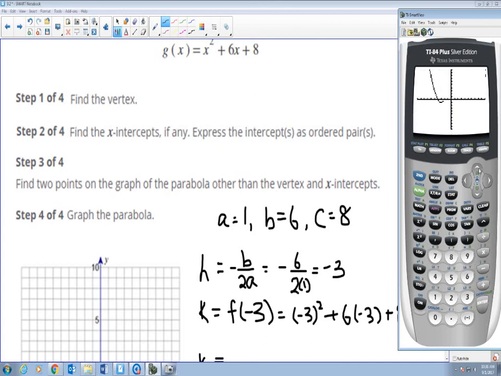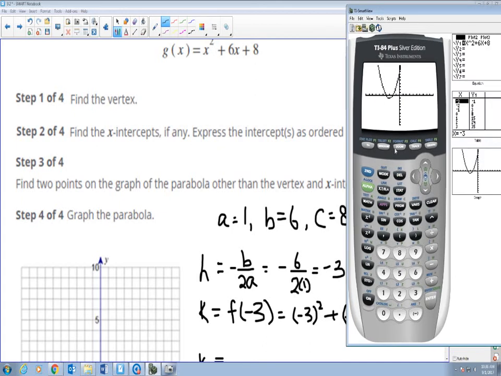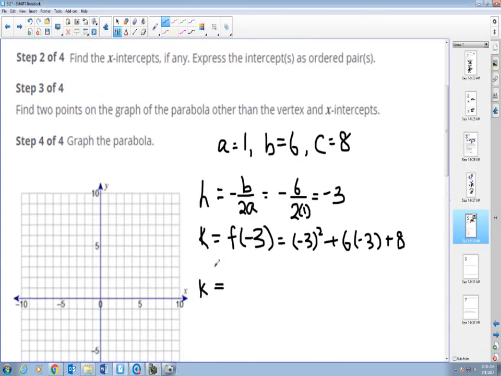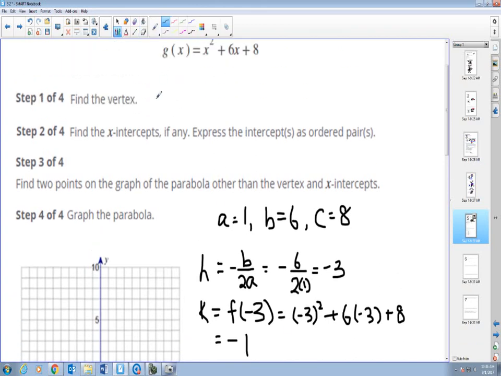All right, here's my parabola. Ooh, I do cross over the x-axis twice. So if I go to -3, my y value is -1. So I know k is going to be -1. All right, that's my vertex.